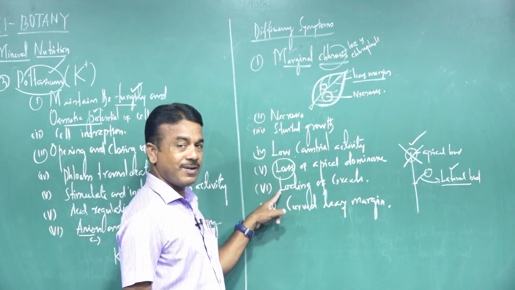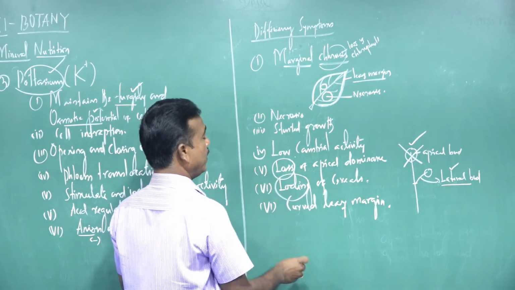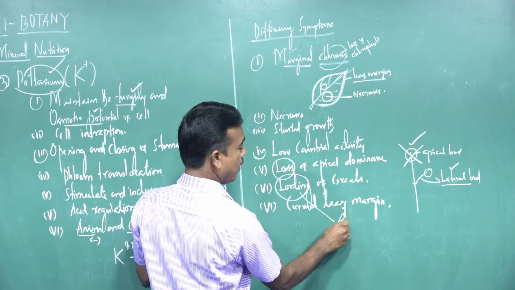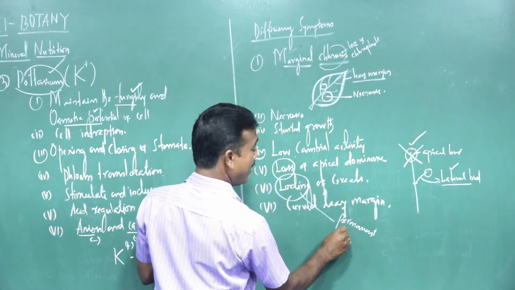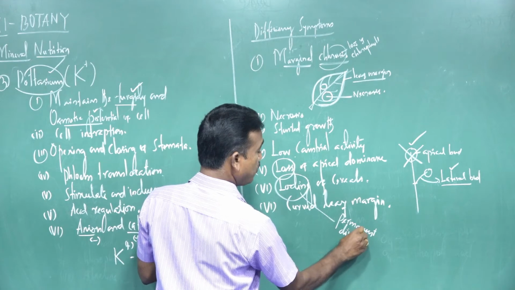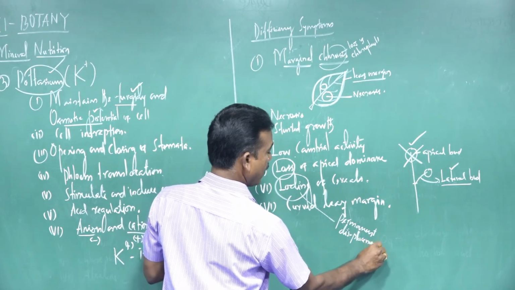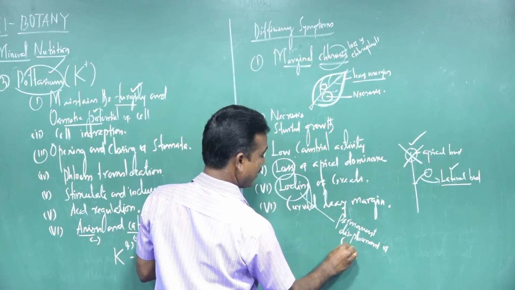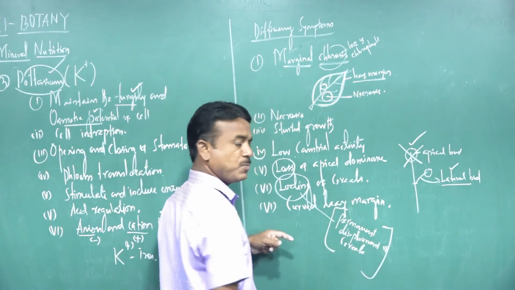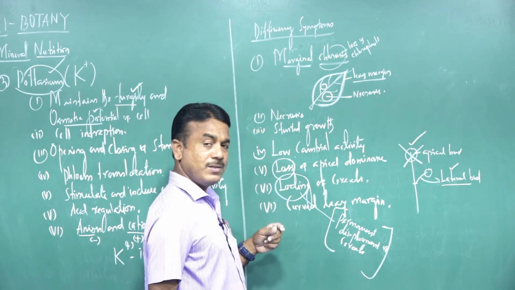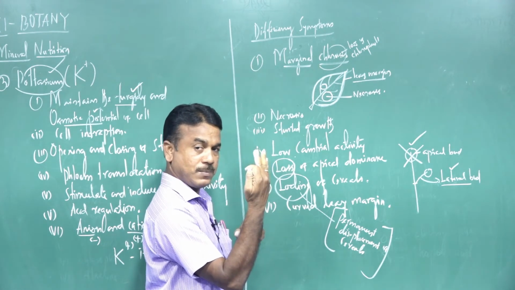Then lodging of cells. What is the definition of lodging? It means permanent displacement of cells. Generally, plants possess a vertical position.